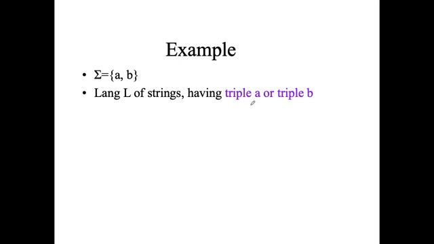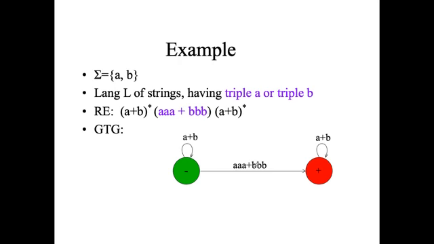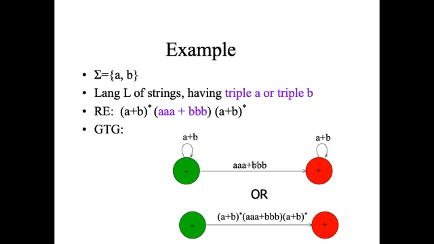So a language L may be accepted by the following GTG as well. This is another GTG that accepts the same language. So this is another example having triple A or triple B. So this is its corresponding GTG that we have discussed, or this one.